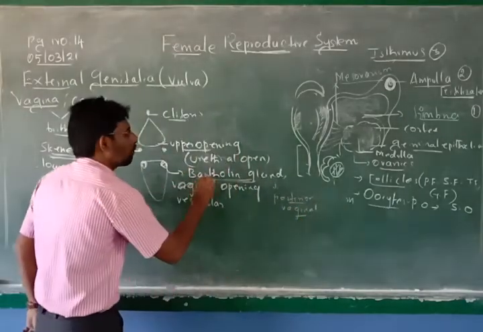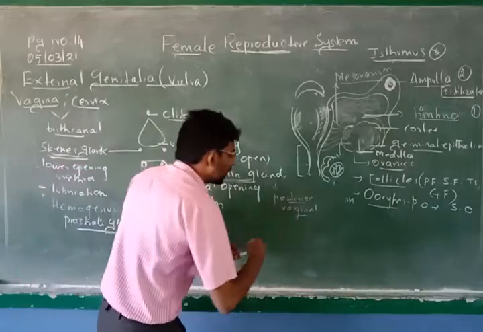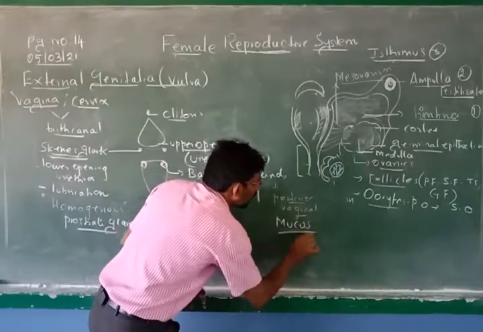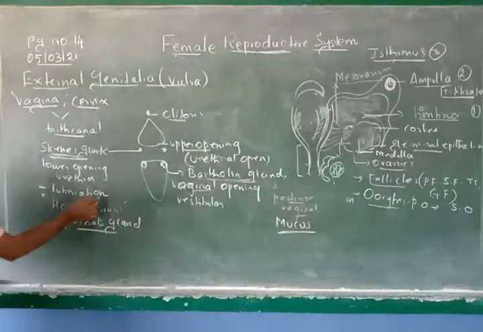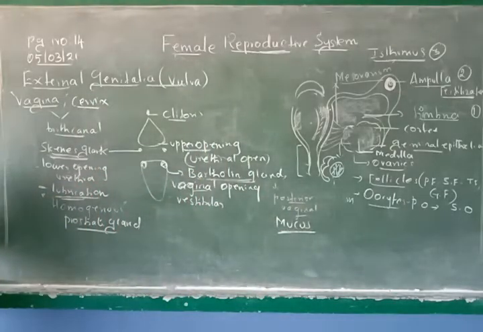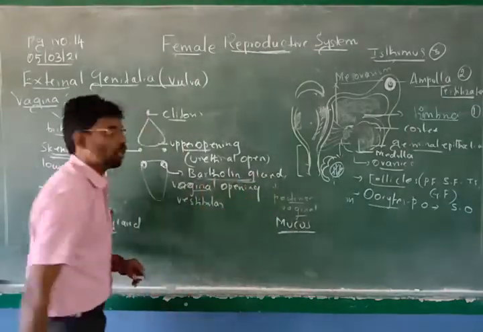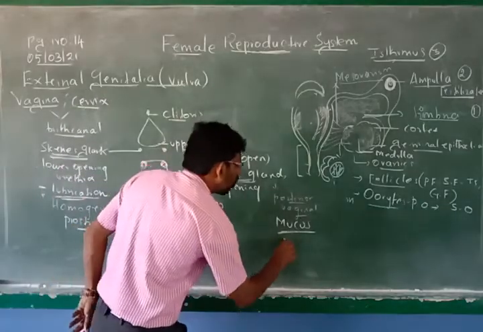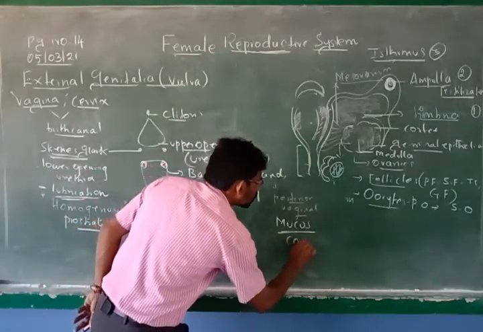This gland secretes a substance called mucus, which similarly gives lubrication. Understand?